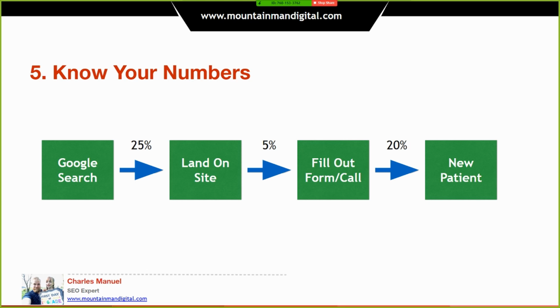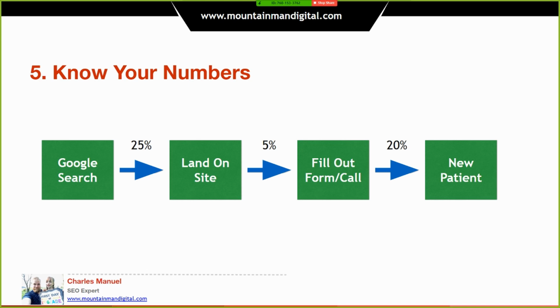We can put an offer on there that's been perfectly crafted over hours of slaving over it and interviewing patients and potential patients to make sure it's absolutely perfect. We can backlink your site and get it to the front page of Google. And if we don't know how people are responding to that content and that offer and that website, then there's no way to know if you're actually going to make money with it or not.